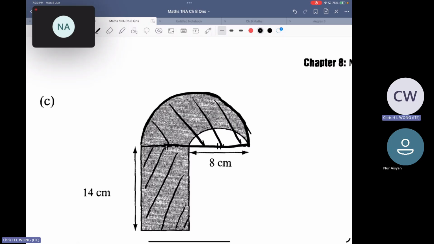What's the third thing? I'll find the area of the third semicircle, this one. Then I'll take this one minus this one plus this one. That's the answer. Okay, can you do that?